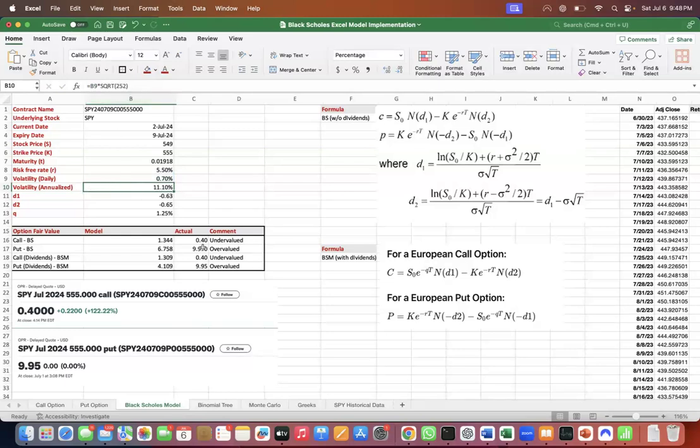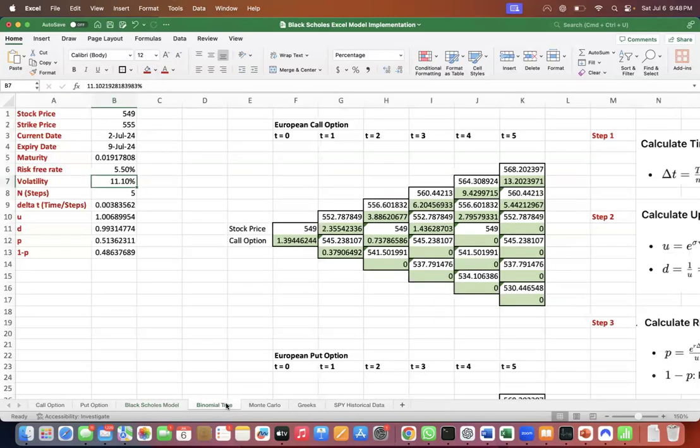So 11.10% is what I have used in the binomial tree method. This is how we calculate the volatility by taking the historical values of SPY, calculating the daily volatility, and multiplying it by the square root of 252 to get annualized volatility.